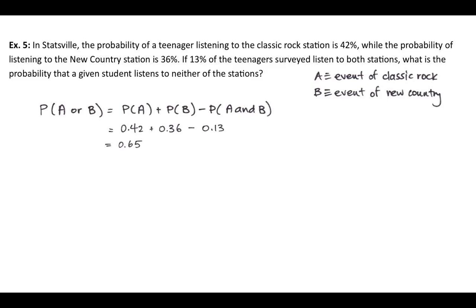So we've got 42%, or 0.42, listen to classic rock, 0.36 listen to New Country, minus the 0.13 who listen to both. And what we end up with is 65% of students listen to either A or B. Okay. So how many students then listen to neither?